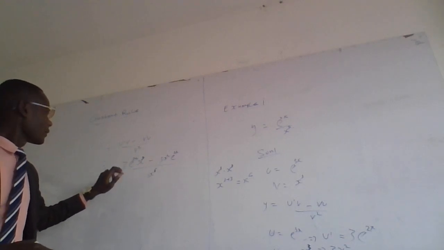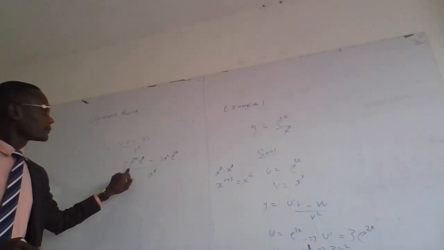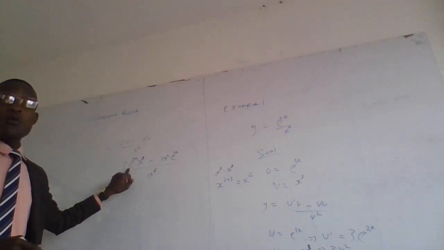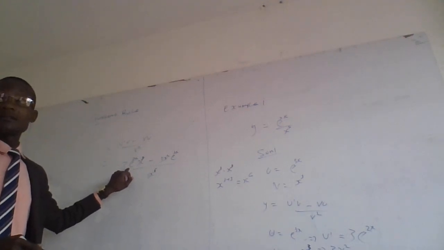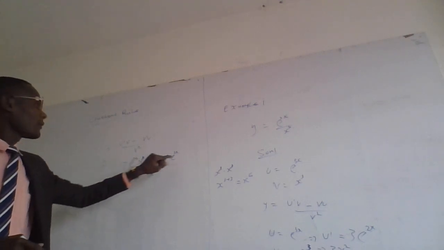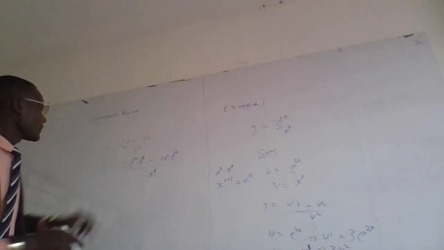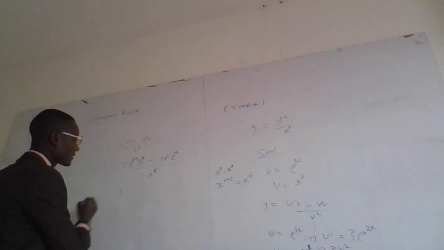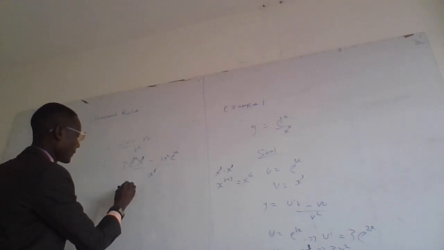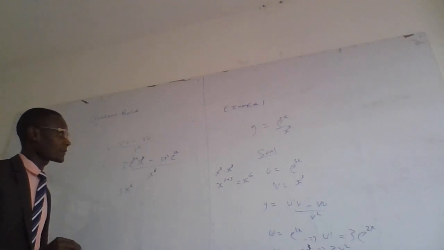What about exponential? Is it common? Because here we have 2, here we have 3. So we've said that 3 is common, then we have x power 2.